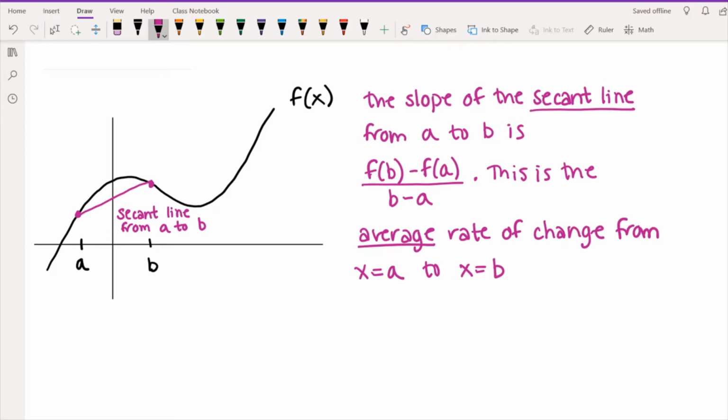It tells you that the general trend between these two x values is that the graph is increasing. But it doesn't tell you everything, right? It doesn't provide you all the details of exactly what's going on. Because if you look at this function, it's increasing at the beginning, but then it actually starts decreasing. So when you find an average rate of change, it's not telling you all the details about exactly what's going on between A and B. It's just telling you the general trend.